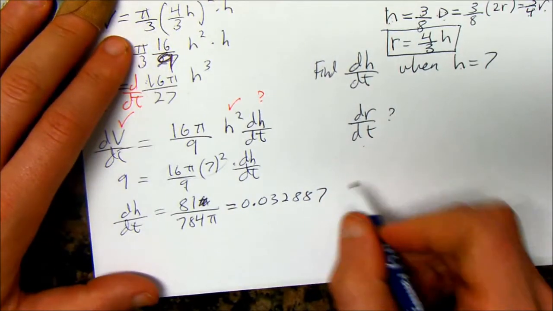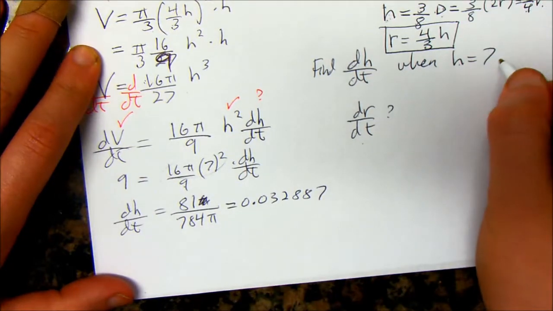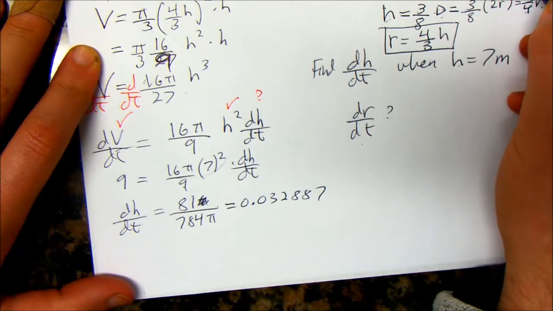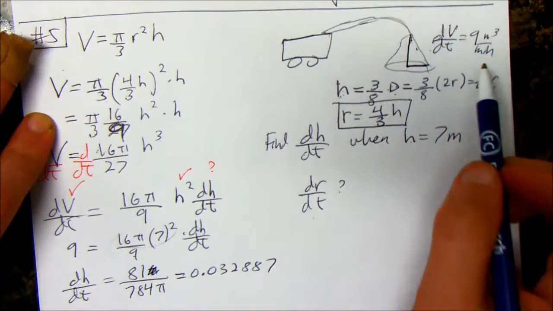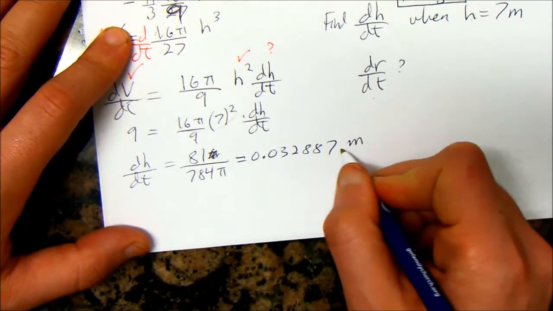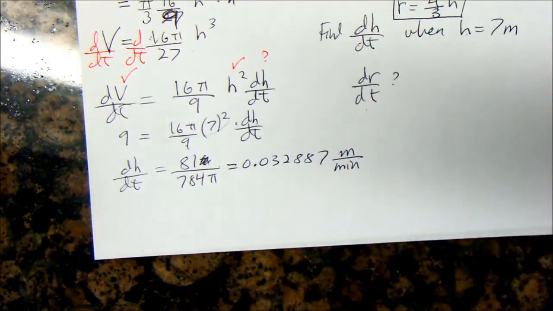Now let's think about our units. dh/dt, h was 7 meters. This is meters cubed per minute, right? The volume was meters cubed per minute that they gave it in. So everything's in meters. So this is going to be dh/dt in meters per minute. Now I'm doing this because they honestly were really not nice in this problem.